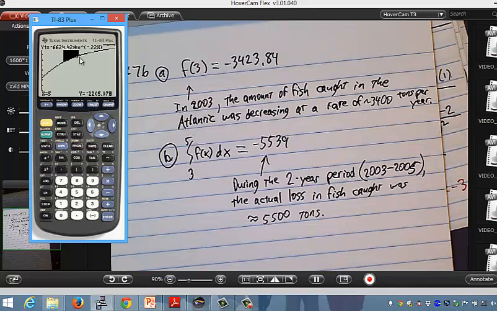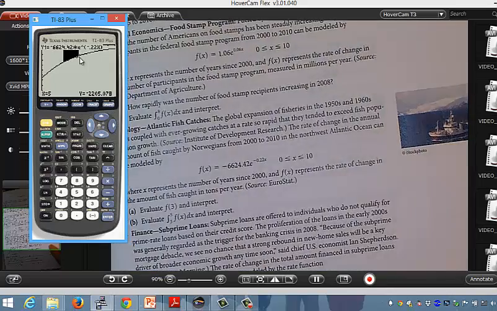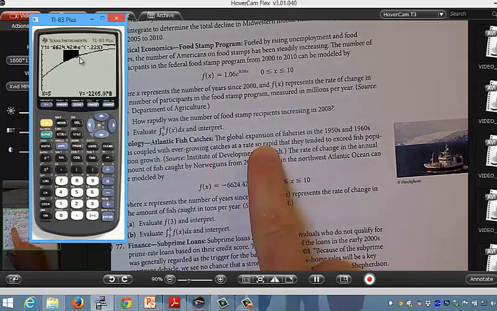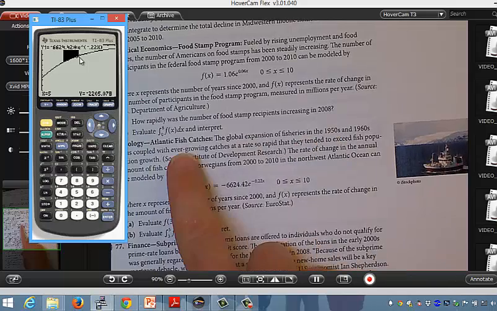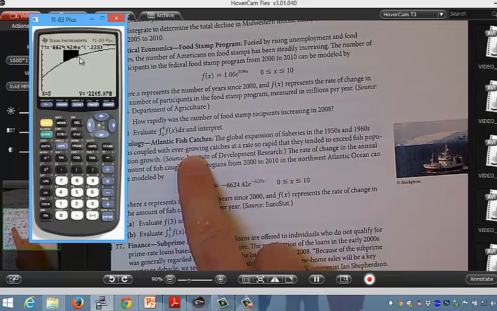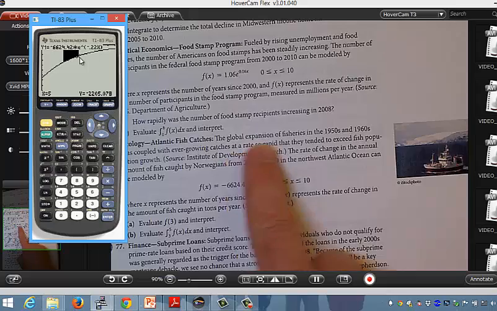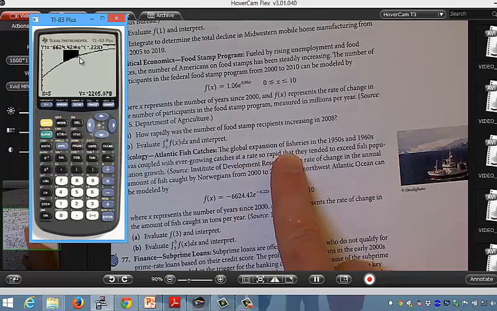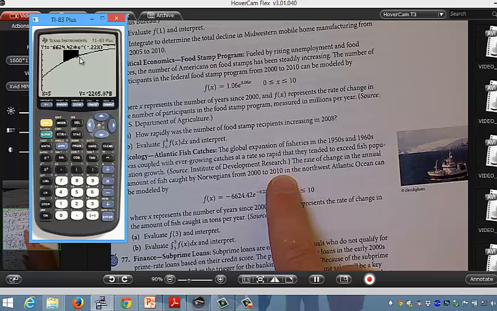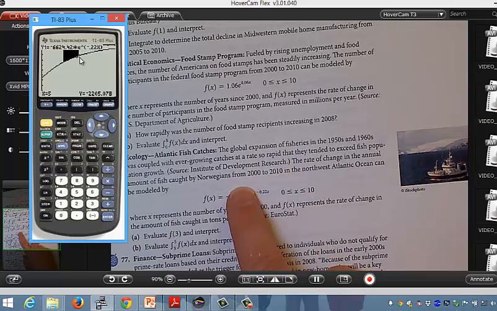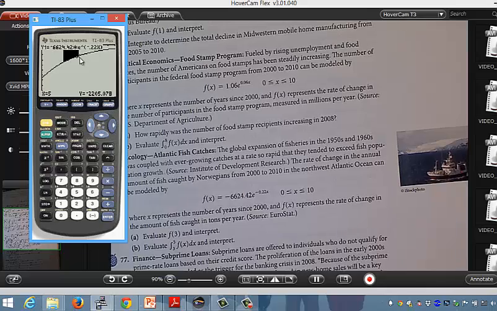And by the way, they tell you in this problem, why are we losing all these fish? It says because in the 50s and 60s, more and more people started fishing faster than the fish could keep up, basically. Okay? And this is just the Norwegians. It's amazing, these numbers, you know?